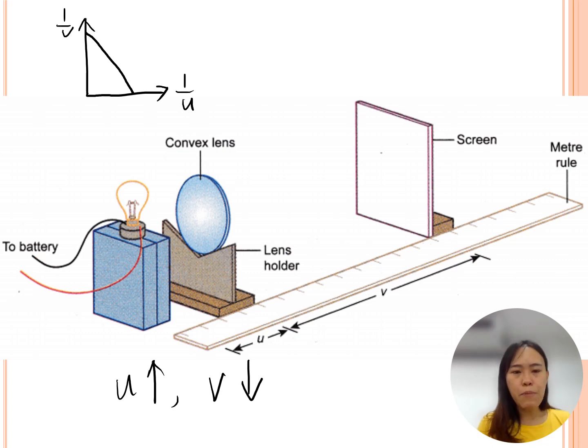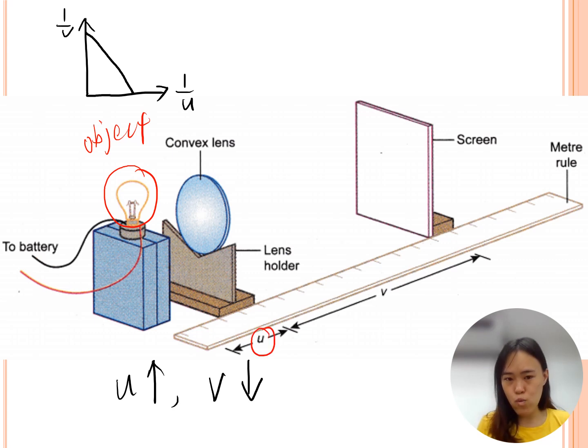Here the bulb is your object. From the object to the convex lens is the object distance, u.